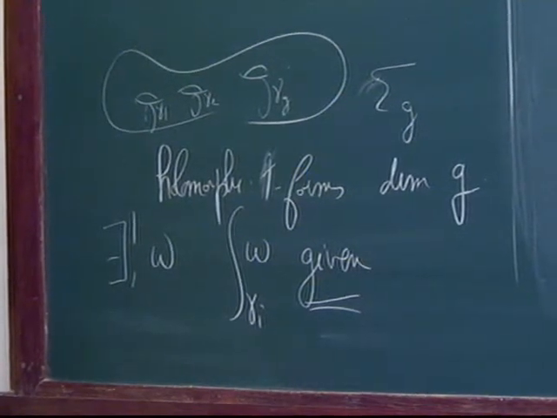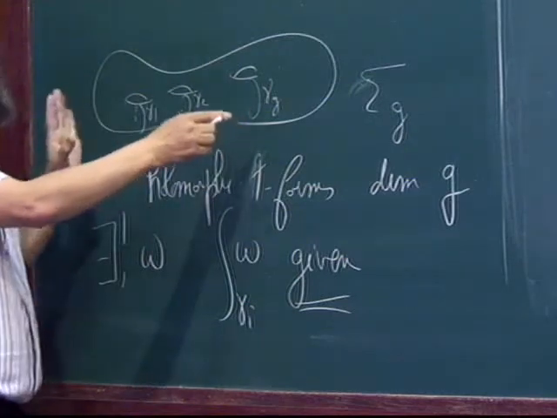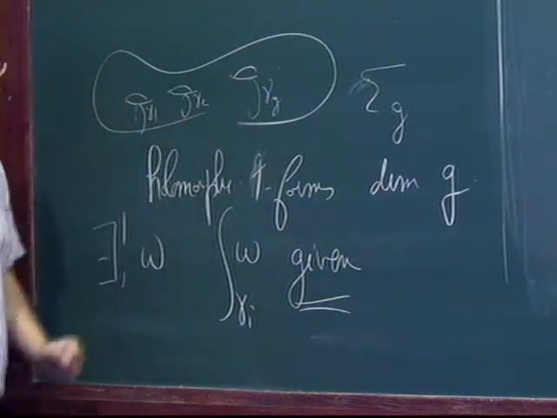Okay, so that selects a specific holomorphic form on the Riemann surface. This selection, of course, depends on the choice of these curves gamma i. So you really need a marking of the fundamental group.